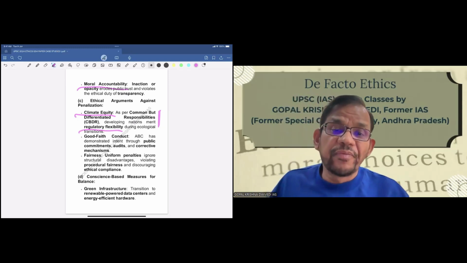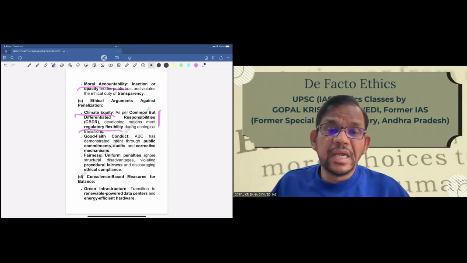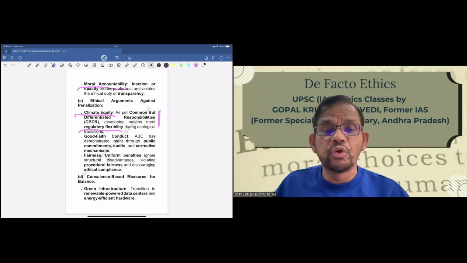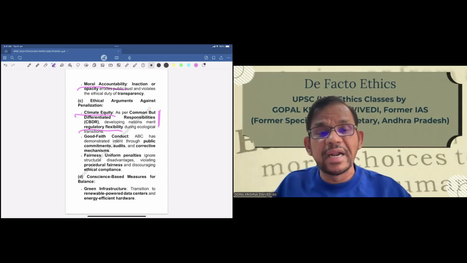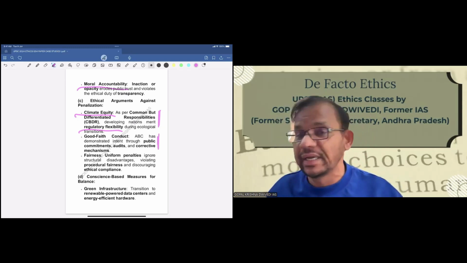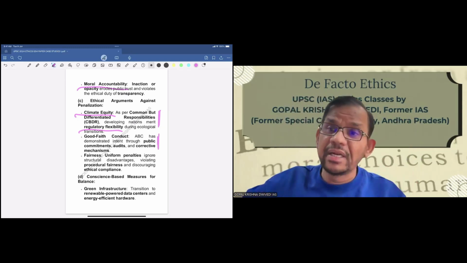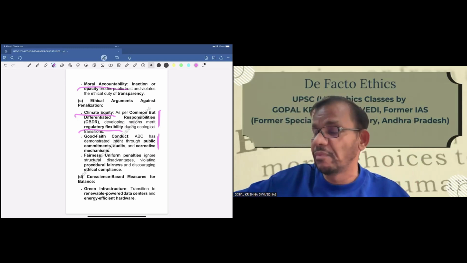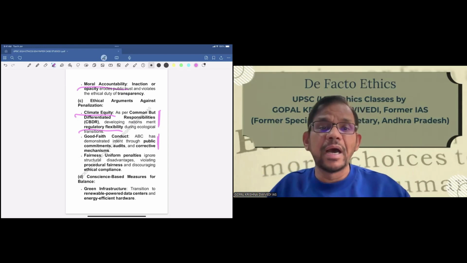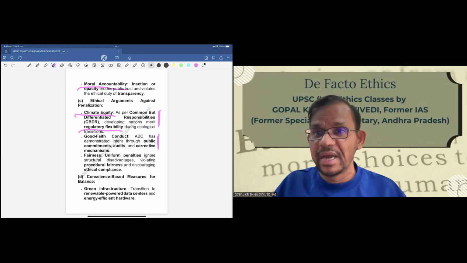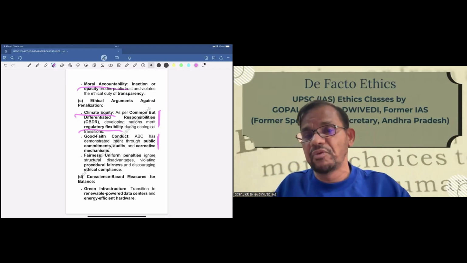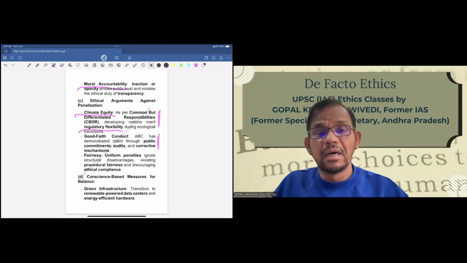Now, second is good faith conduct. ABC has demonstrated intent through public commitments, audits, and corrective mechanisms. All these things you will say, because whatever you have mentioned in part A of this answer, the same thing will be argued here also. That we have very transparently agreed that this 48% emission is there.